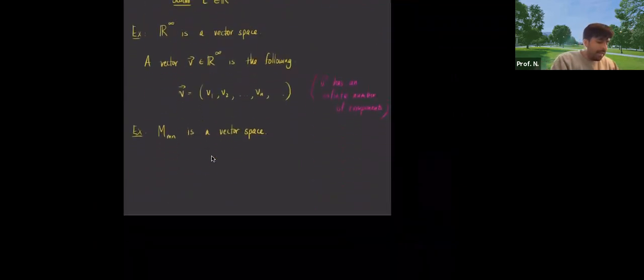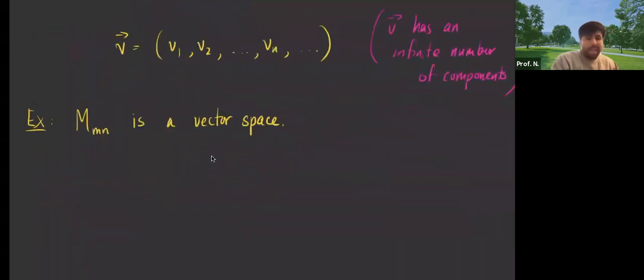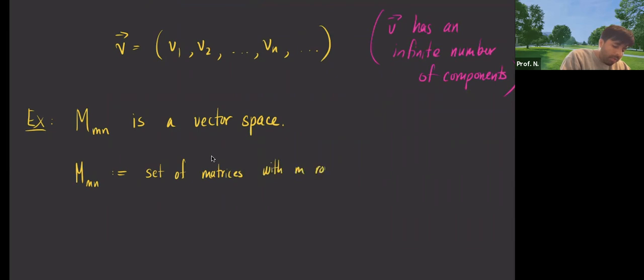And now M with subscript mn is a vector space. And what is this? This is the set of matrices with m rows and n columns.